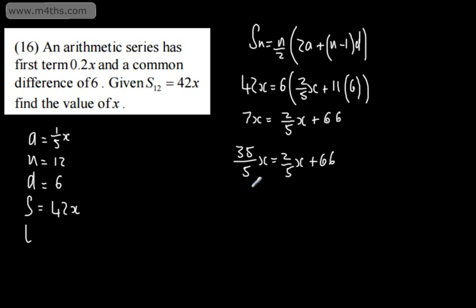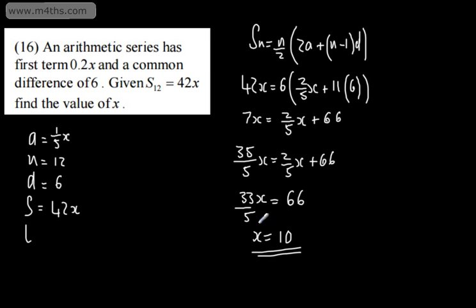Subtracting the 2/5 x, 33x over 5 is equal to 66. Dividing both sides by 33 and multiplying both sides by 5, x is equal to 10. So the value of x is 10.